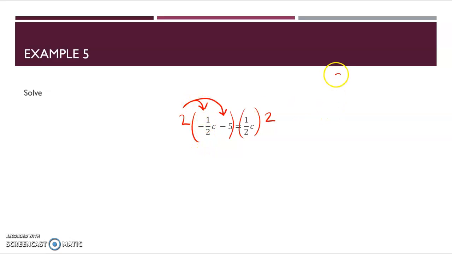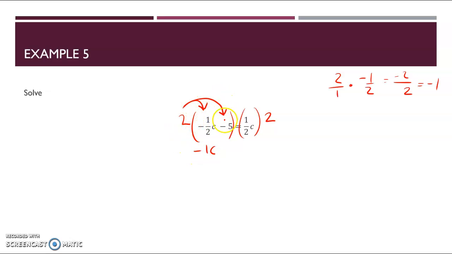We're going to do 2 over 1, because remember, we write a whole number over 1 as a fraction, times negative 1/2. 2 times negative 1 equals negative 2, and 1 times 2 is 2, which gives us negative 1c.